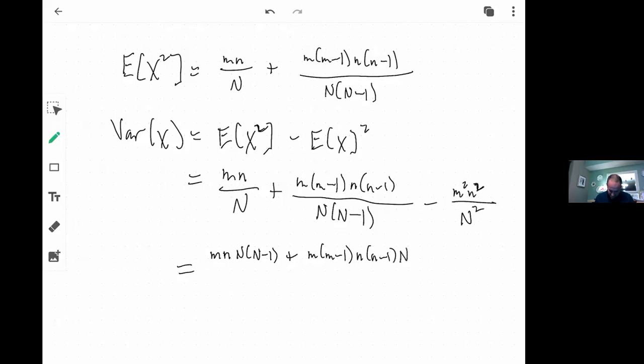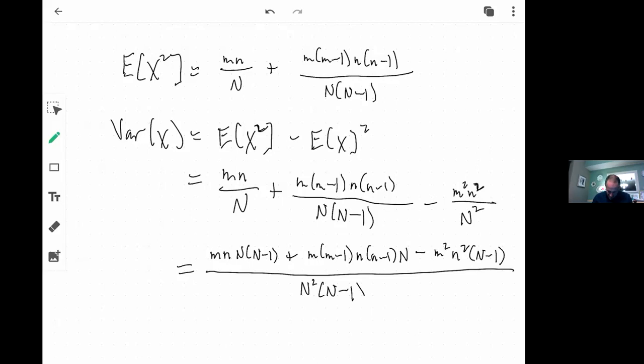And I'm going to have to multiply this by capital N. And then what am I going to get? It's going to be minus m squared n squared. And what am I going to have left behind? Capital N minus 1, or something like that, all over capital N squared times N minus 1.